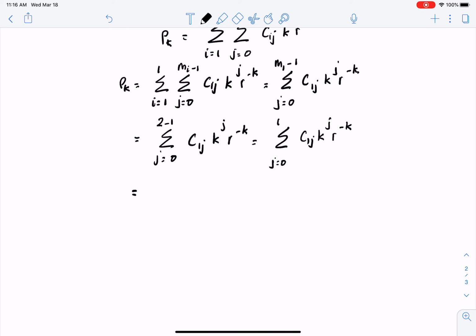So if we plug in the values of j, we have c10, k raised 0, r raised minus k, plus c11, k raised 1, and r raised minus k. So this would imply rho k is equal to c10 times r raised negative k, plus c11 times k times r raised negative k.